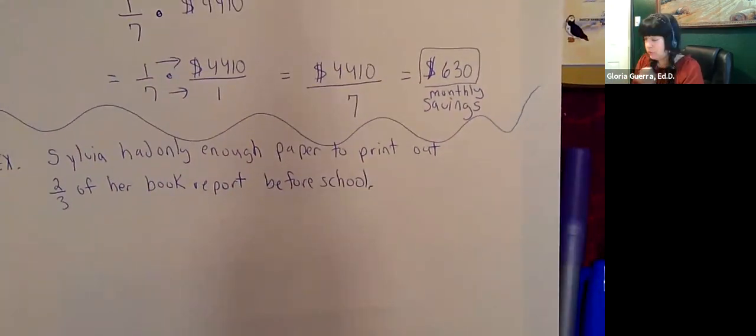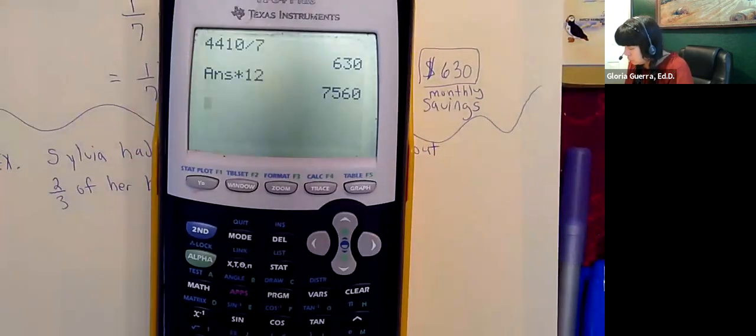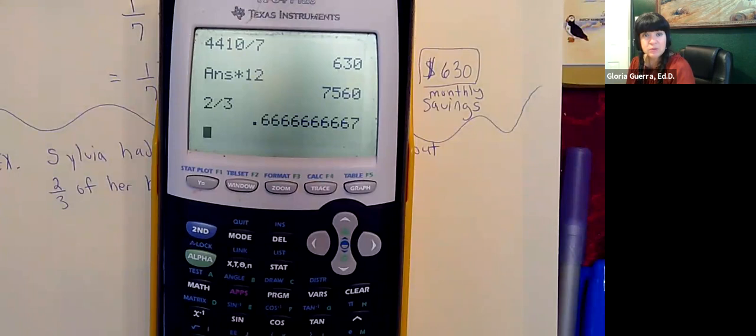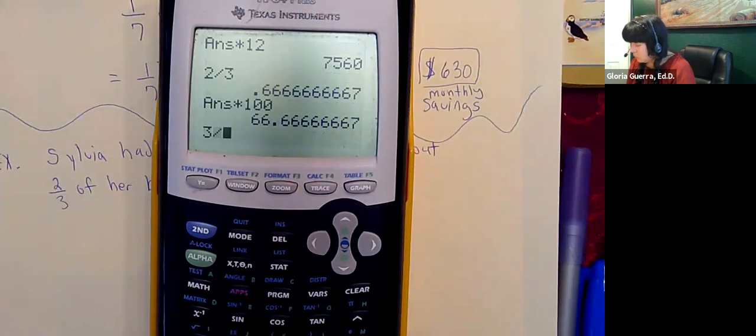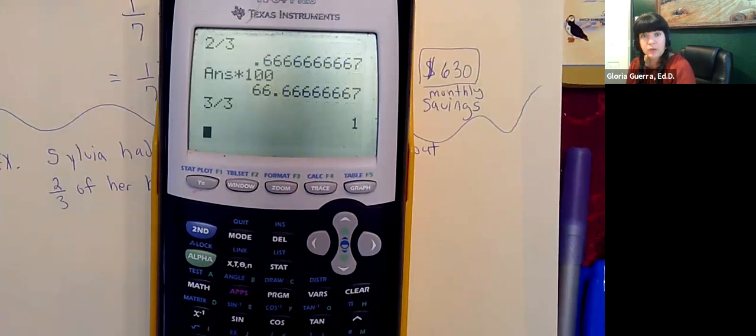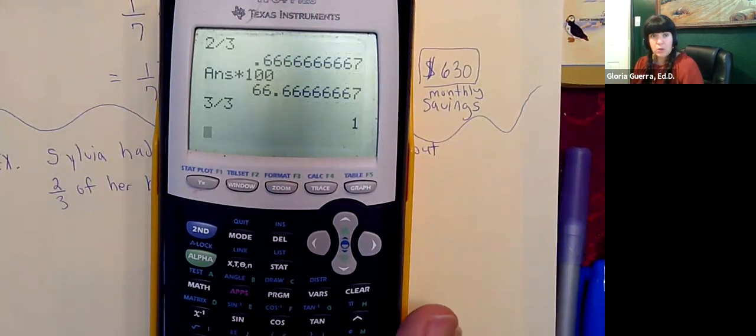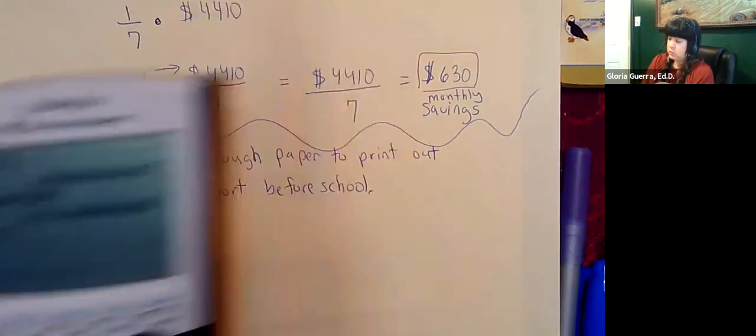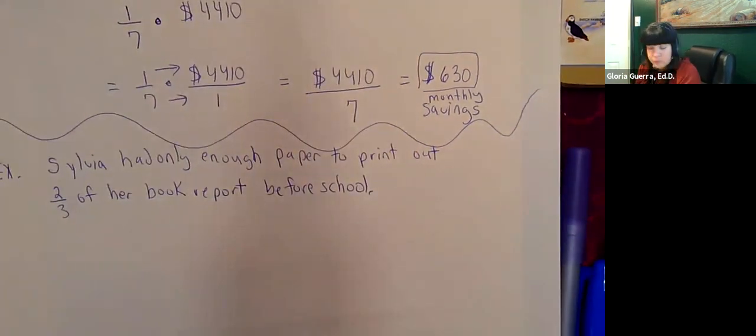She prints most of it, but not all of it, because 2 divided by 3, times 100 for a percentage, is about 66, 67%. And if you had 3/3, she'd have the whole paper printed out. So she's got almost 2/3 of it, right? Most of it is printed out.